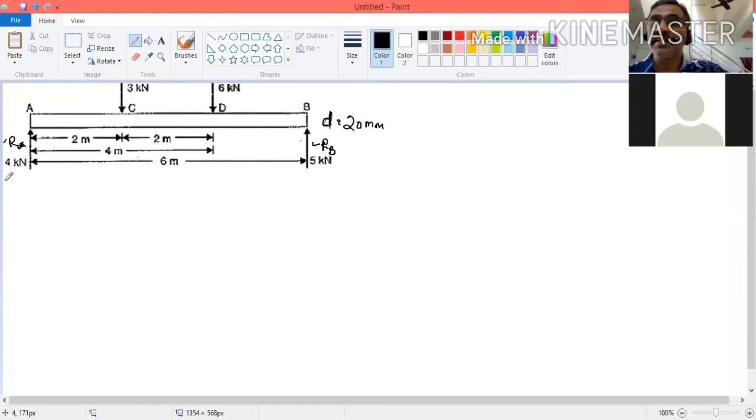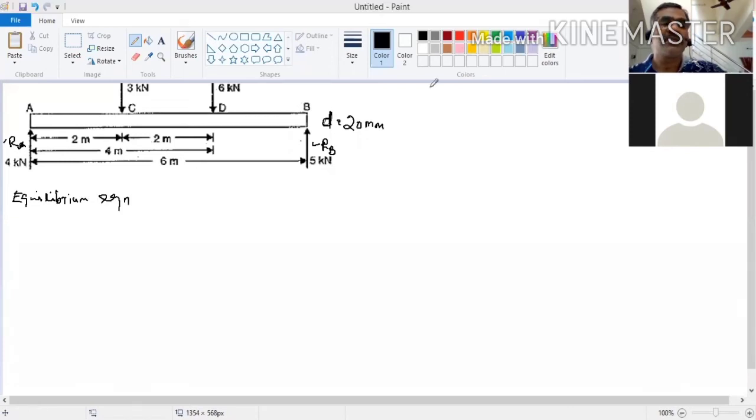Now I am going to write the equilibrium equation about the point A, that is, the moment equation.